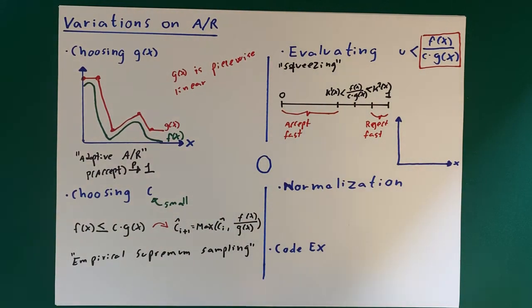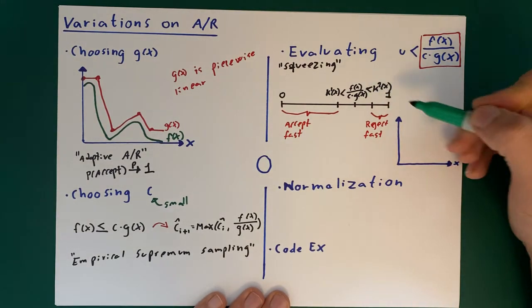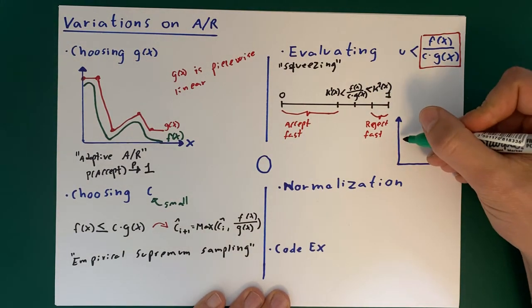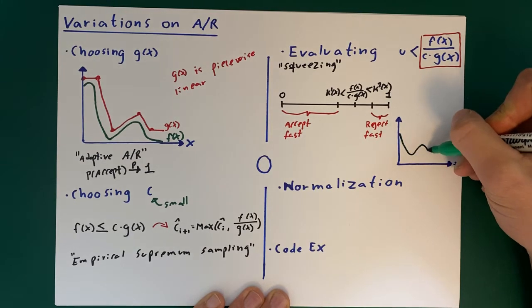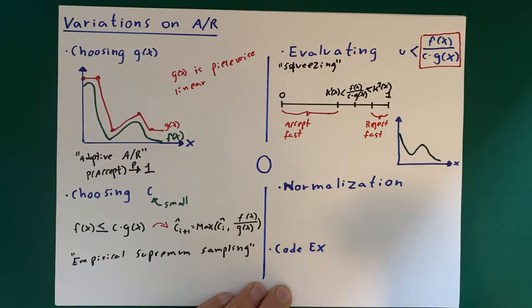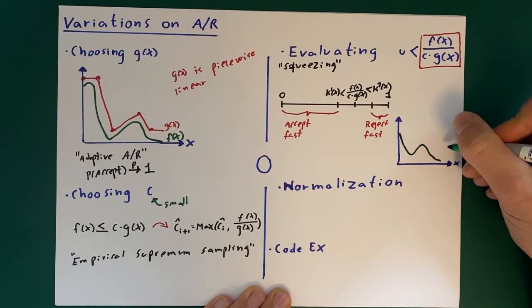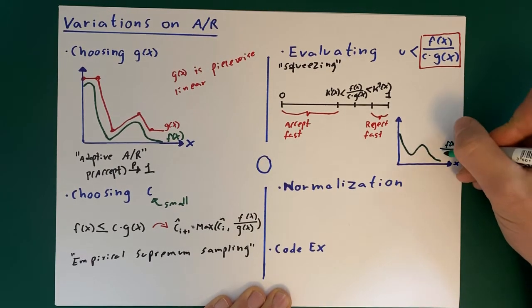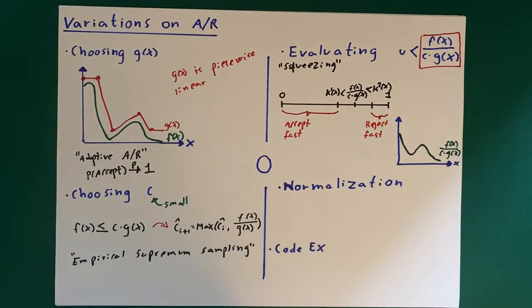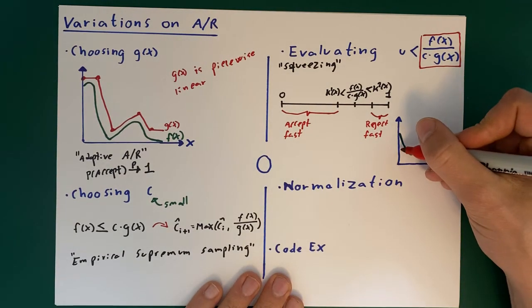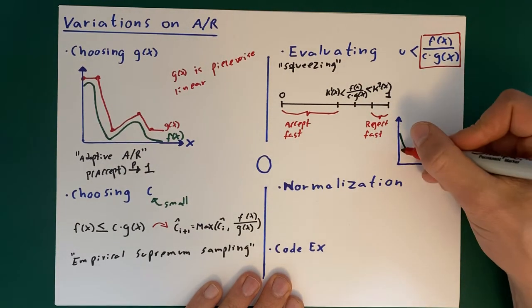In practicality, we might have that the expression f of x over c times g of x might look something like, I don't know, something like this. And this is based on a real example. So it could easily look like this, like that, right? And then we might, for example, choose something like a piecewise linear function for our K1.